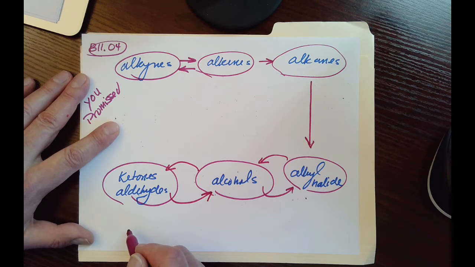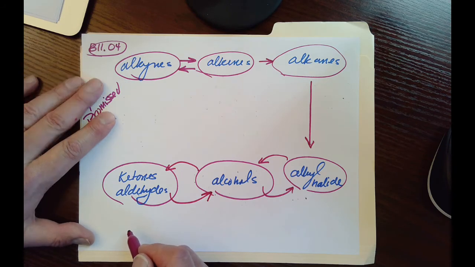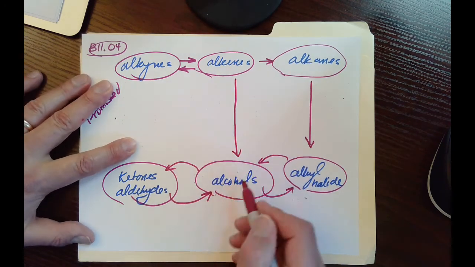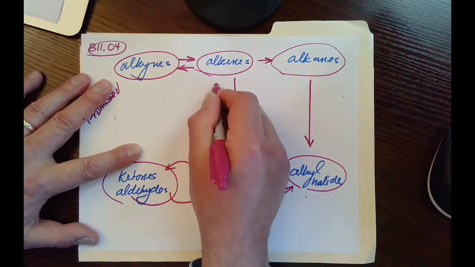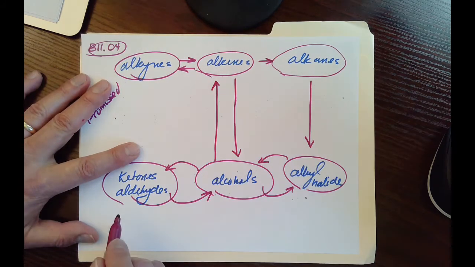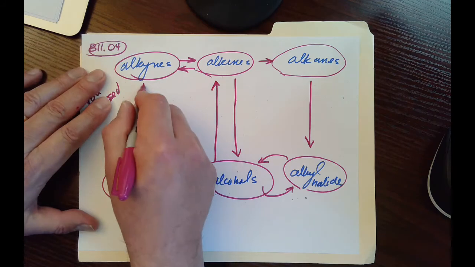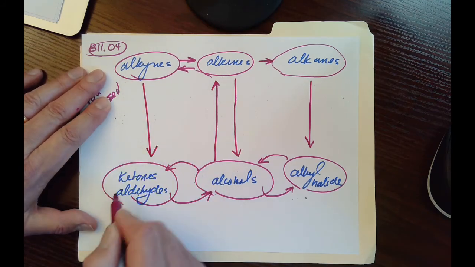Many reactions. Then we're going to go from alkene directly to alcohols, and from alcohols directly to the alkenes, from alkynes to ketones and aldehydes.